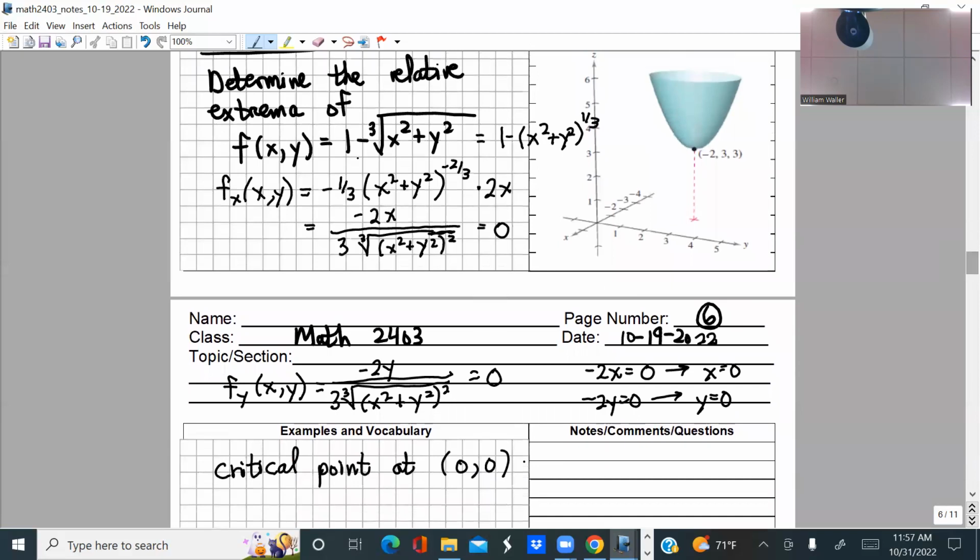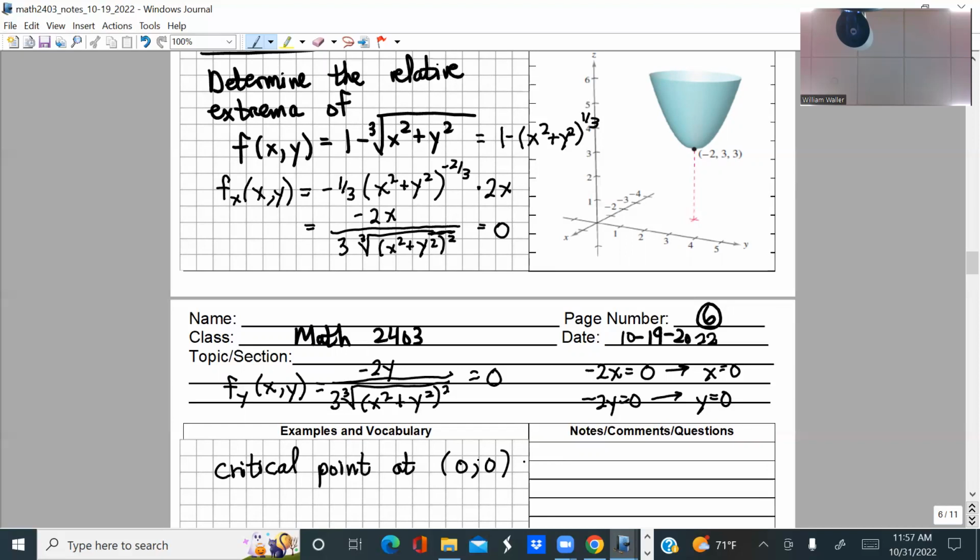It's not in the domain of the partial derivatives, but it is in the domain of the original function. You can plug 0 in for x and 0 in for y in the original function, and you'll get 1. So this point is fine. It's in the domain, so it's part of the graph. It's not that the graph doesn't exist at 0, 0. It does.